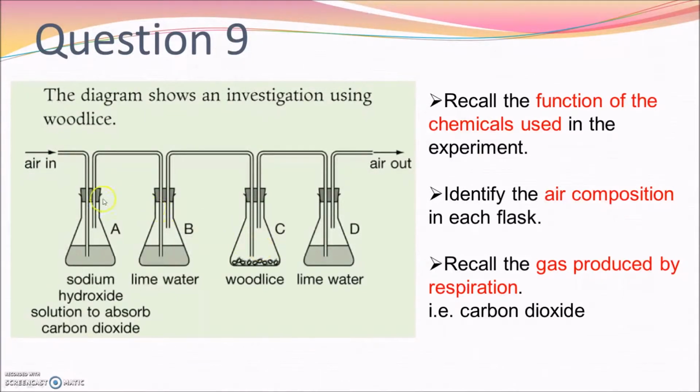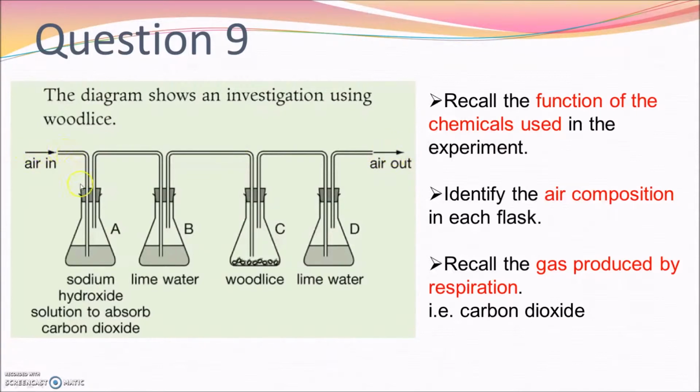One more thing I would like to talk about for this question is the tubes again. Which side is air in and air out? According to the last MC, we talked about that once the tube is immersed in the solution, it must be air in, and if the tube is above the liquid, it must be air out. For this question, it's very good because it already tells you the air in here and air out here.